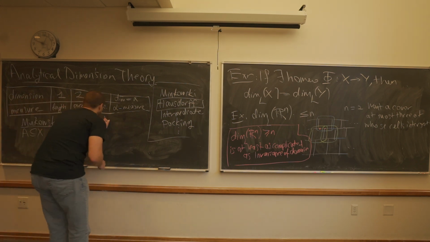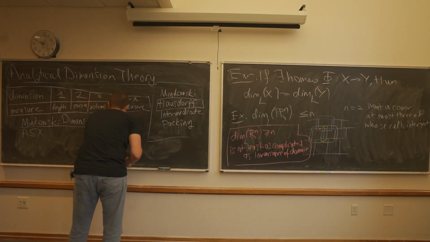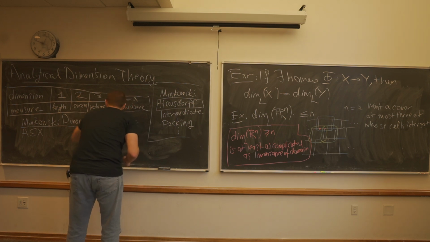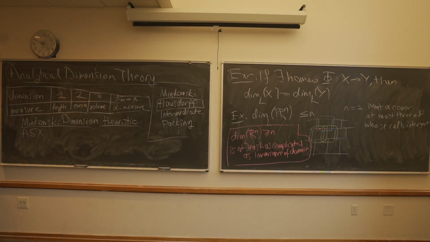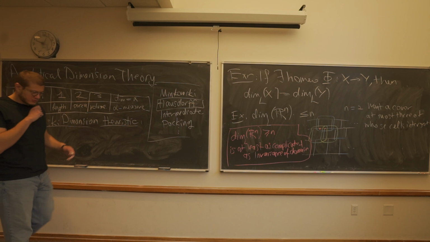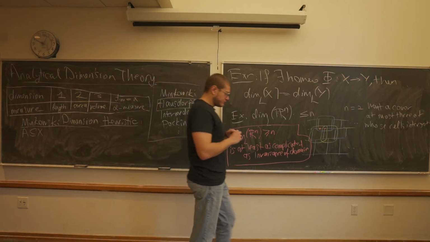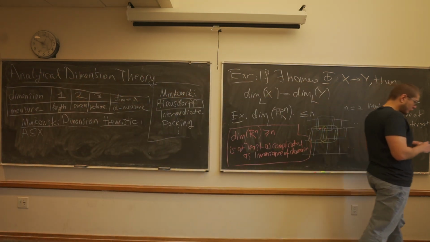This is one of the heuristics; there's another heuristic that I might mention in a second. You have a subset in a metric space, and you cover it using small pixels.